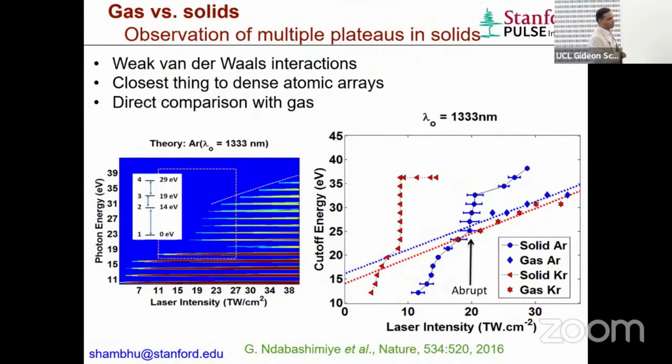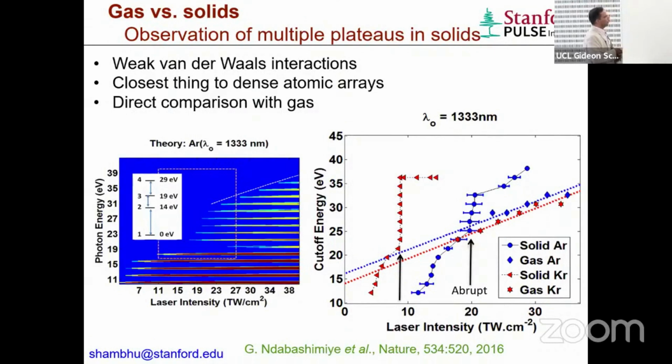Here you have first a fairly complex scaling, and then you hit a peak intensity, and exactly at this peak intensity you abruptly see all these harmonics of the second plateau appear at the instantaneous intensity. And that is true in both rare gas solids.